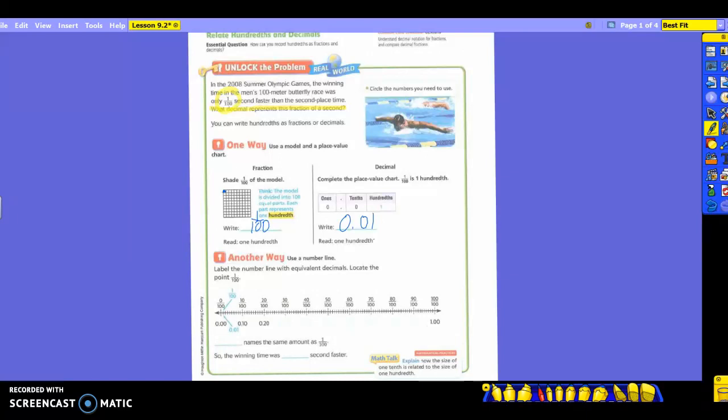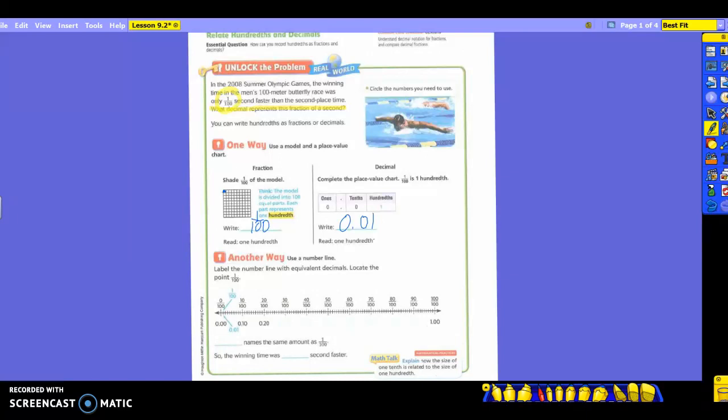Now, you can also use a number line. So that's what they did down here. You're going to label the number line with the equivalent decimals and locate the point 1/100th. So as you can see, they started out with 0/100ths, which is also 0.00. Now, take a look at all these little bitty things in here. The next number that they have is 10/100ths. Do you see how they're pointing out where the 1/100th would be?